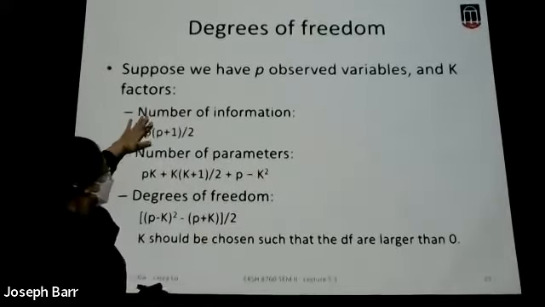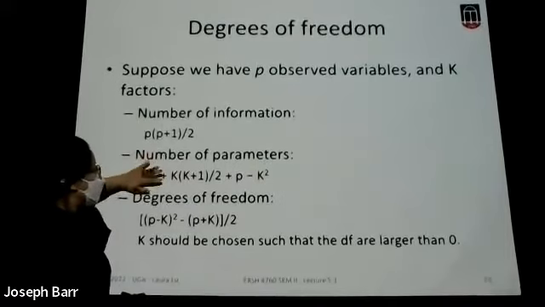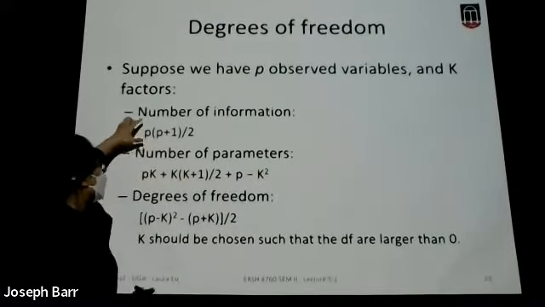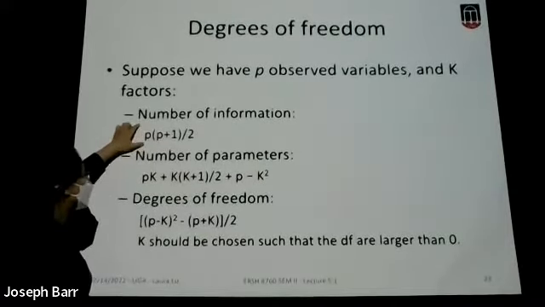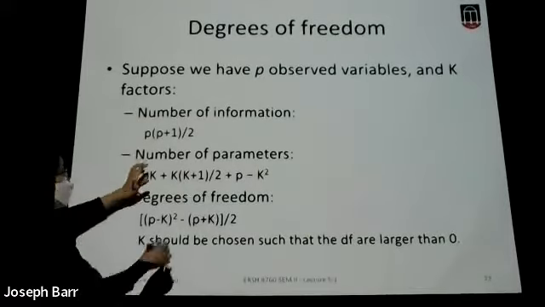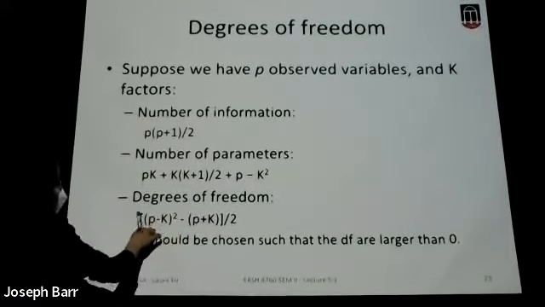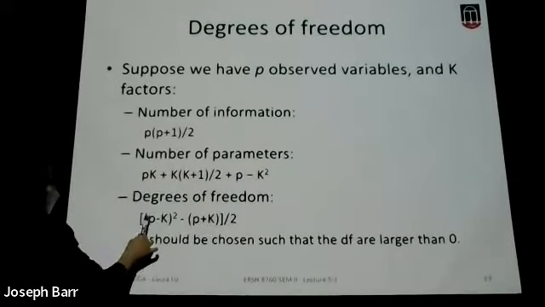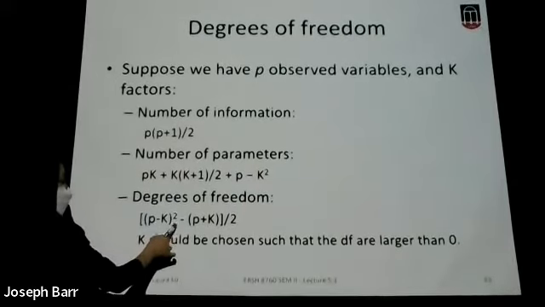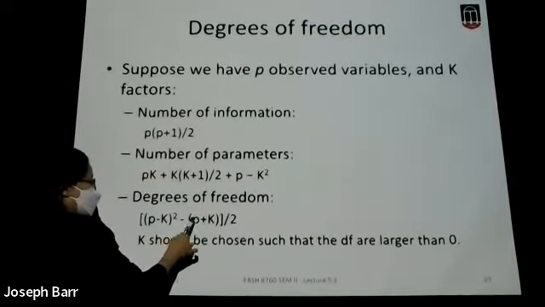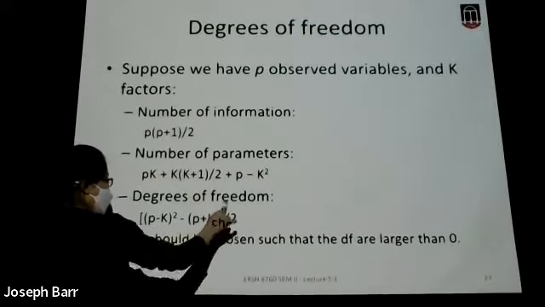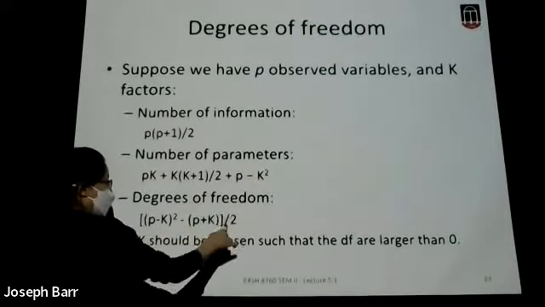So the number of information minus the number of parameters is the degrees of freedom. Just do the calculation, do the algebra. This number minus this number. Finally you have this number: P minus K squared, minus P plus K, and then the whole part divided by 2.